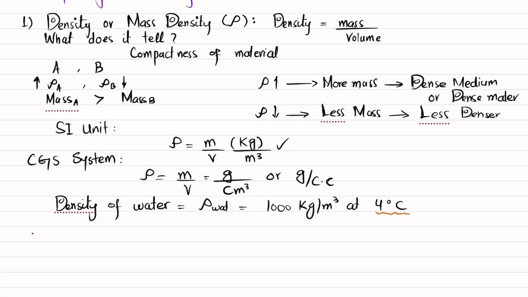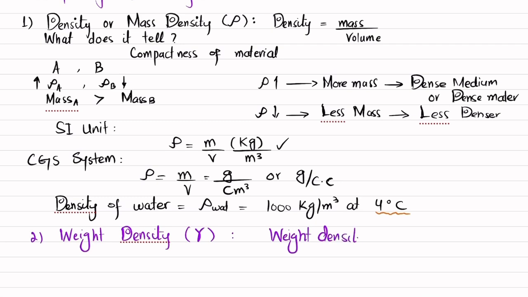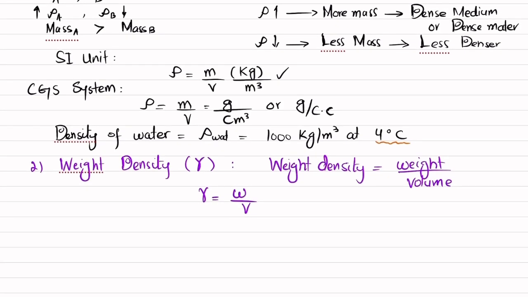Now we will move towards the second property, that is weight density. This weight density is represented as gamma, and it is defined as weight per unit volume, so gamma is equal to W over V. Now we know that the unit of weight is Newton, while the unit of volume in the SI system is cubic meter.